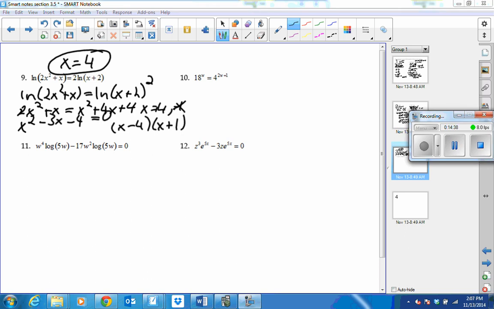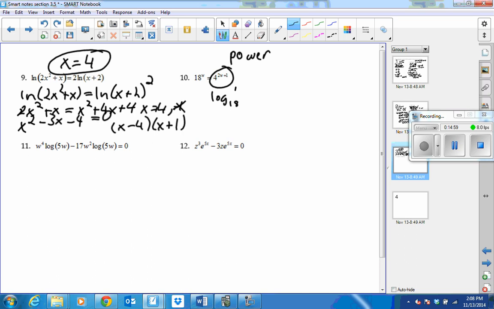So this one is similar to the one that we did a few problems ago, where you just kind of have to start doing something. So we're going to say that 18 is our base, and this here is our power, and w is going to be our exponent. So we're going to do a log base 18.